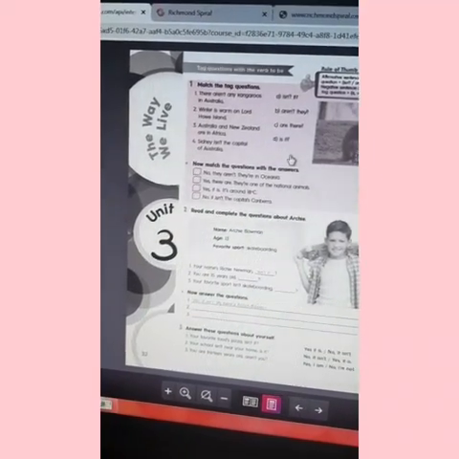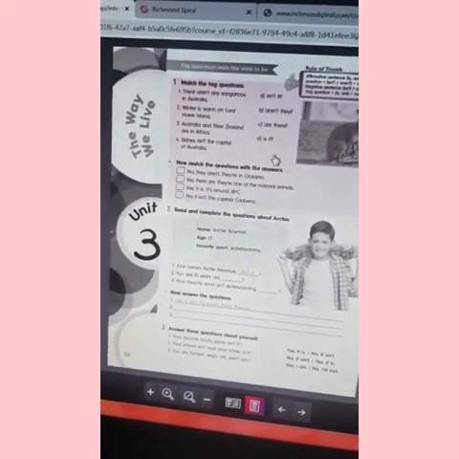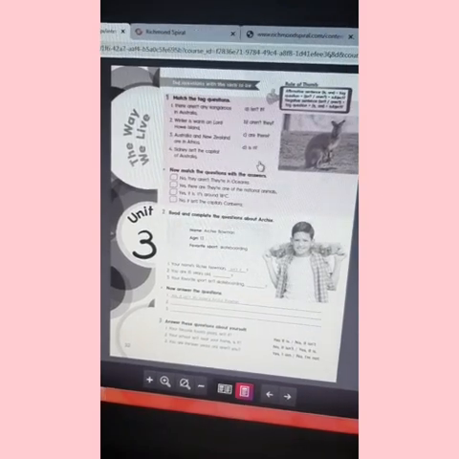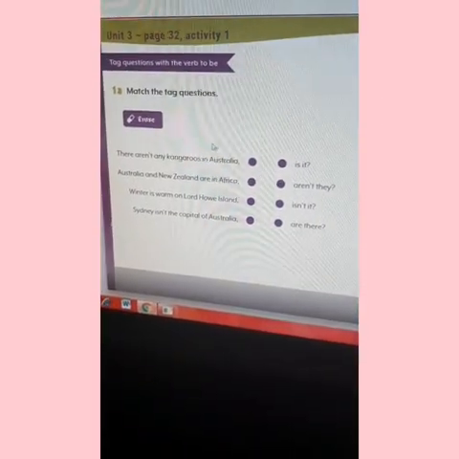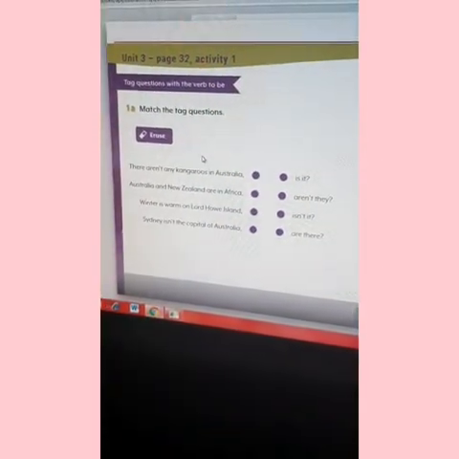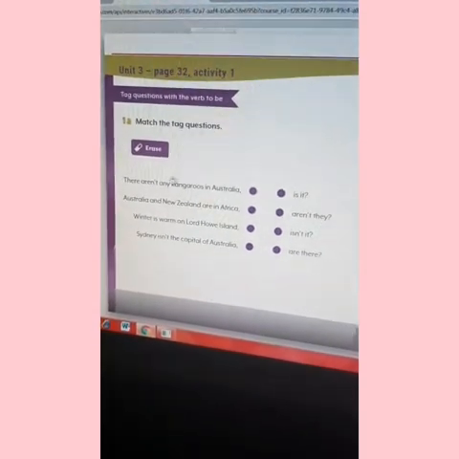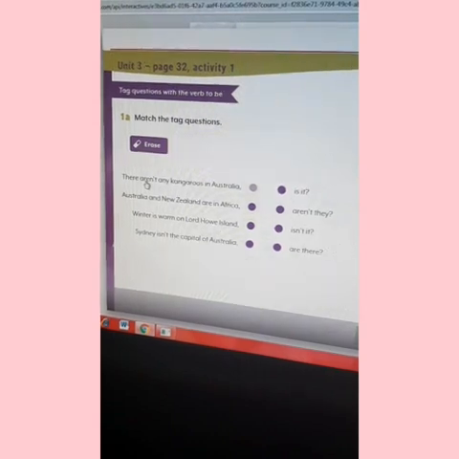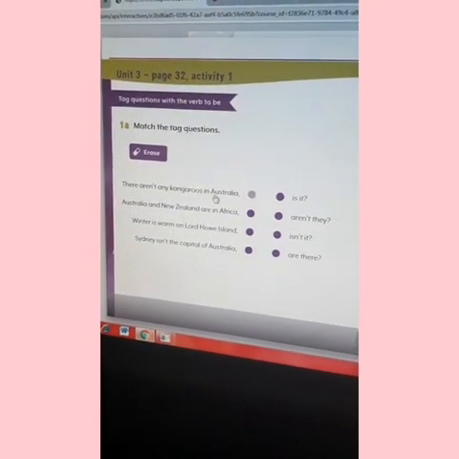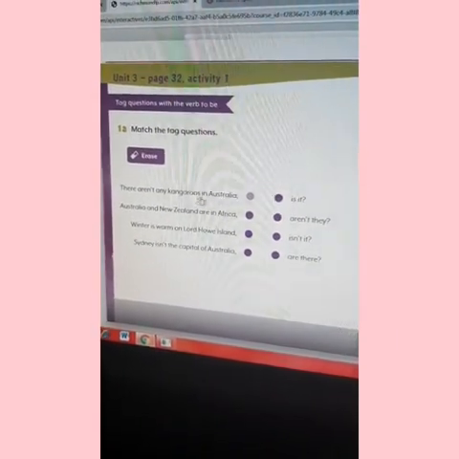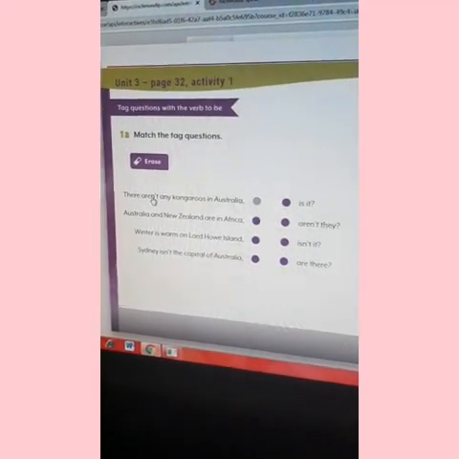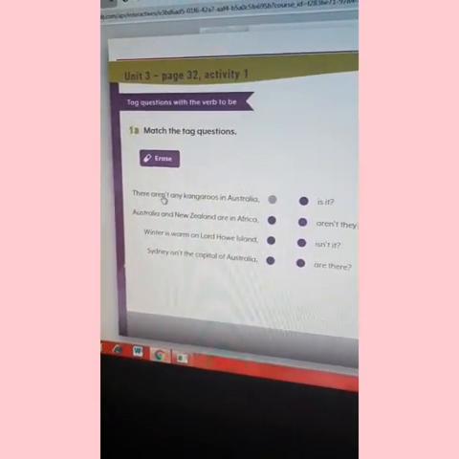What you are gonna do? Match the equations. As you can see here in the first activity, as the instruction says, match the equations. The first, there aren't any kangaroos in Australia. As you can see here, we have a negative statement.